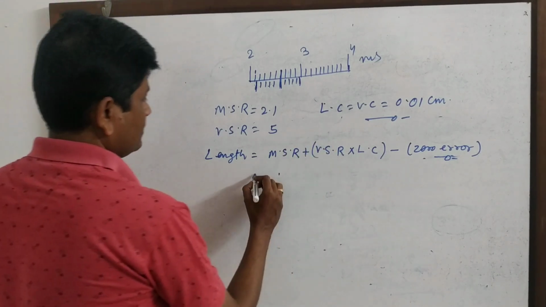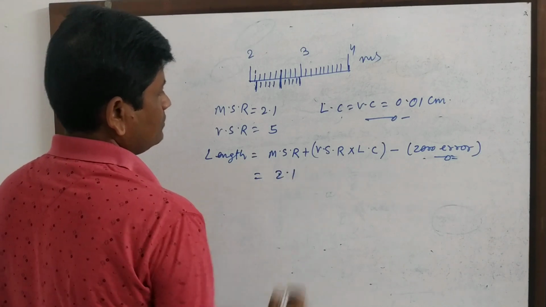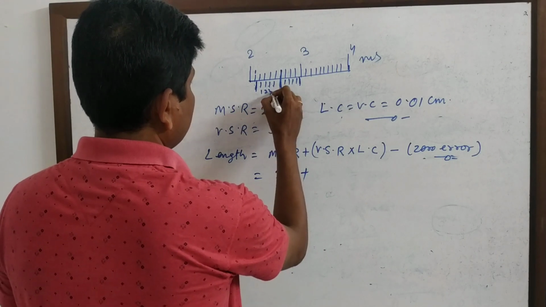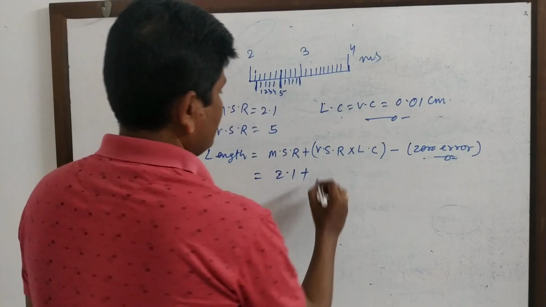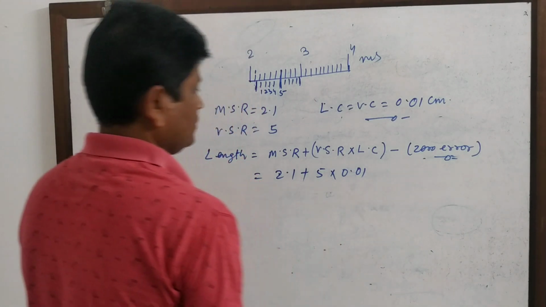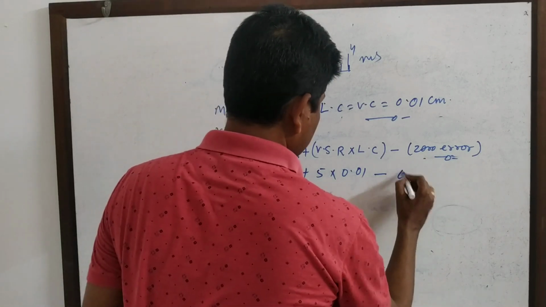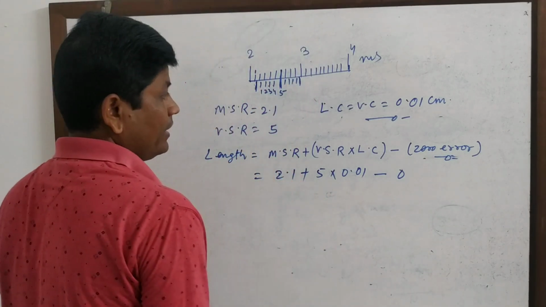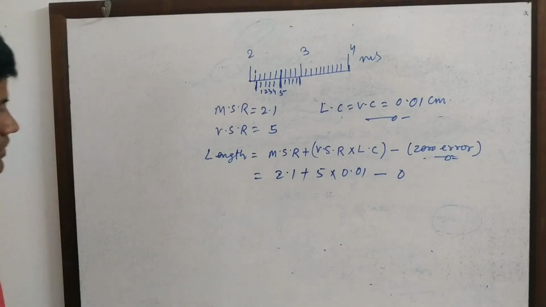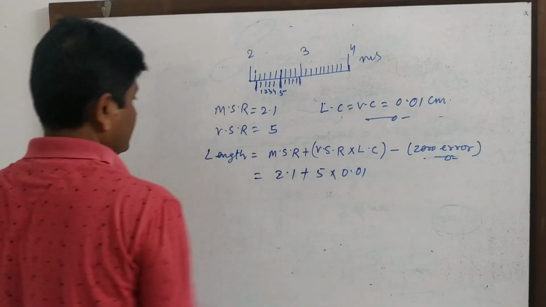In that case, the main scale reading is 2.1, plus the vernier scale reading is 5, so 5 into 0.01. Let us say there is no zero error, then no need to subtract it.